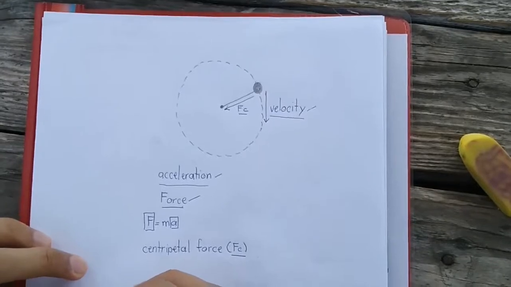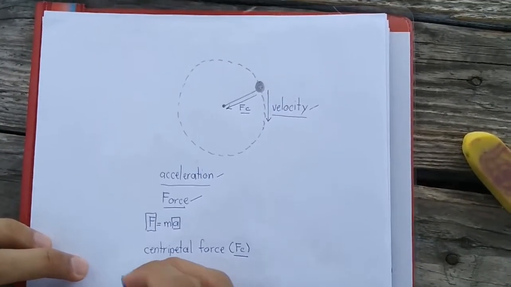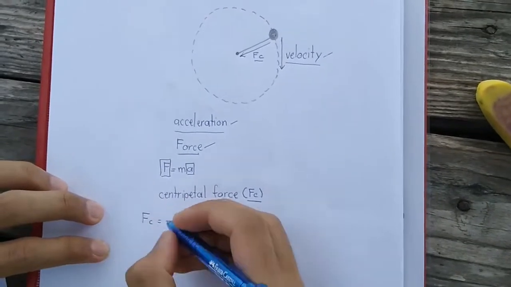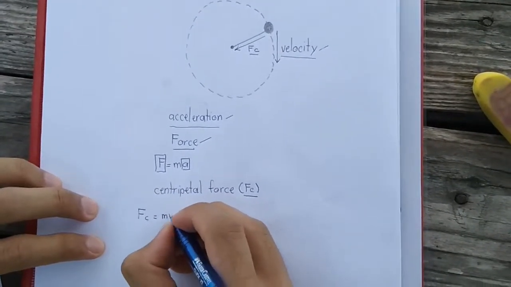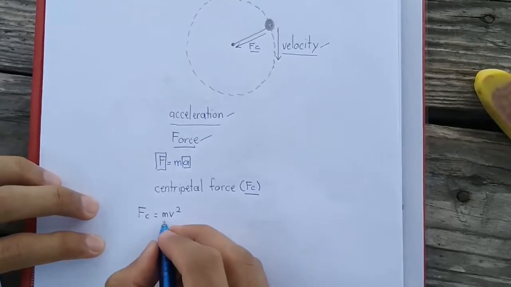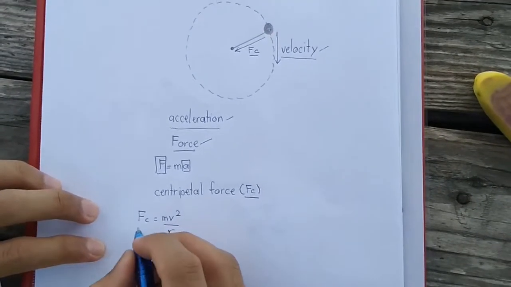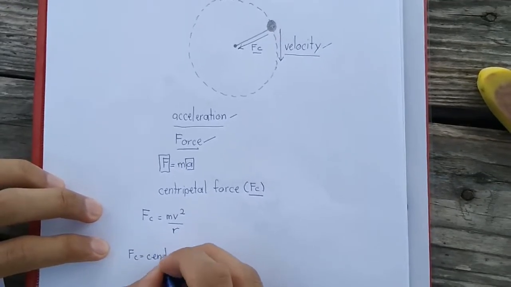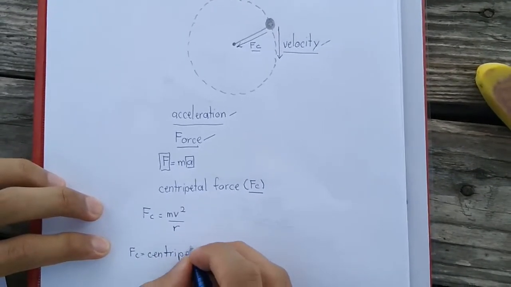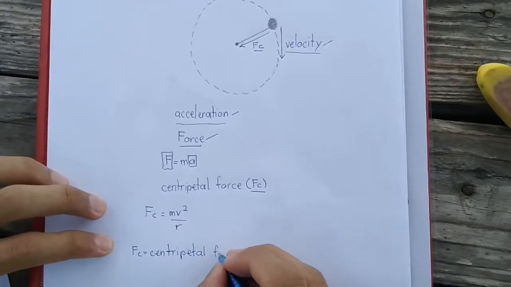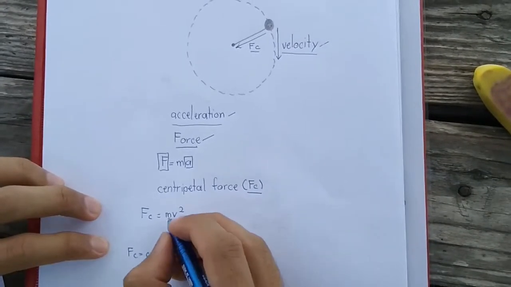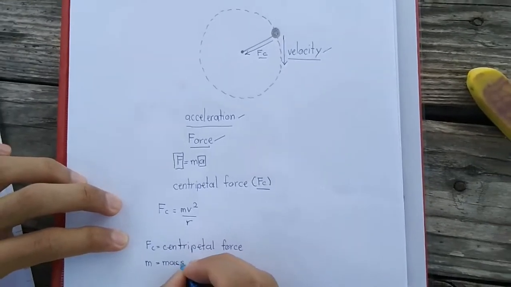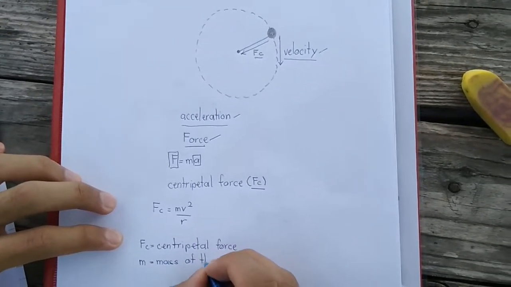To find the centripetal force FC, the formula is FC equals M times V squared divided by R. FC is centripetal force. M represents the mass of the object.